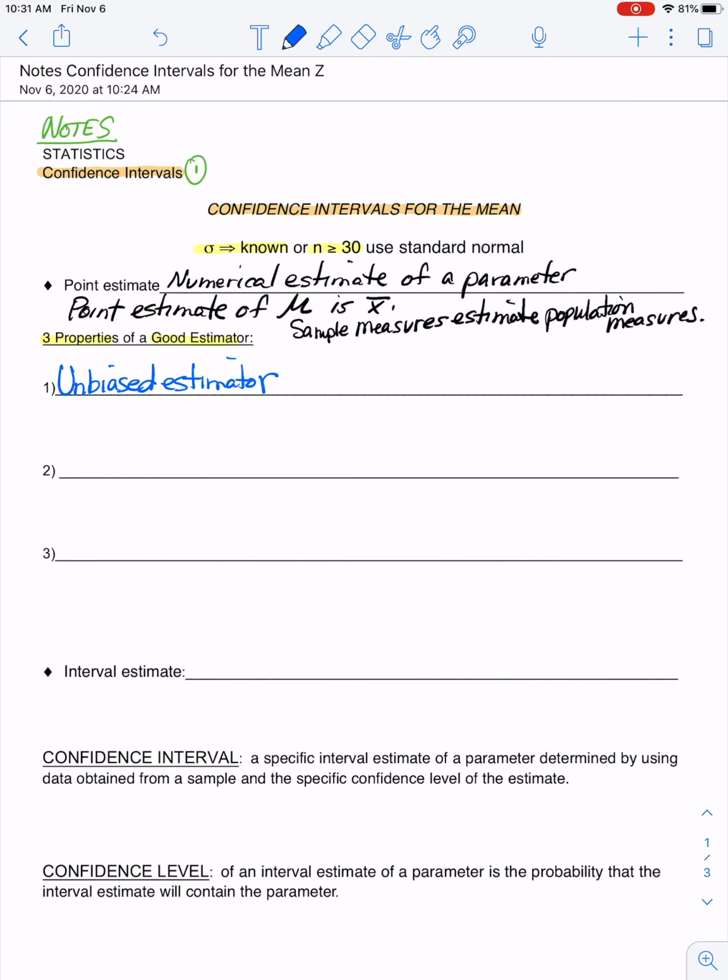Unbiased estimator: the mean of estimates from sample to population.